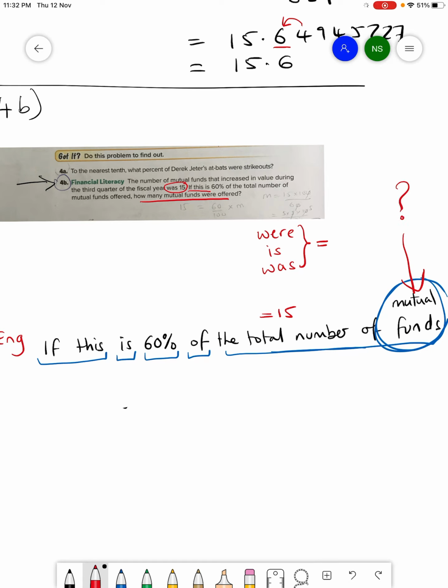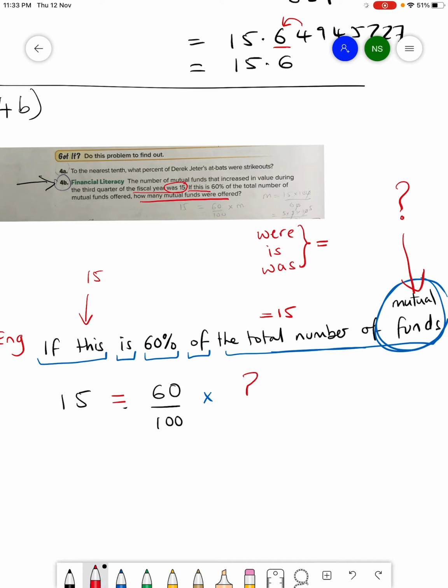Let's see if we can do that. What do they mean if this? What is this if this? If you read the sentence before, it says the number of mutual funds that increased in value during the third quarter of the fiscal year was 15. So when they say if this, they're talking about the 15. This is the 15. This equals 60%, we know what that is, of, that's the times, the total number of funds.